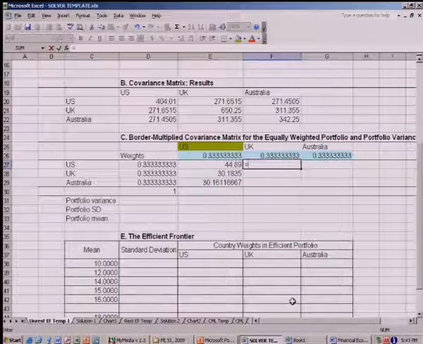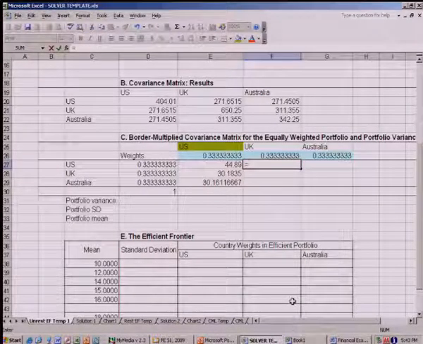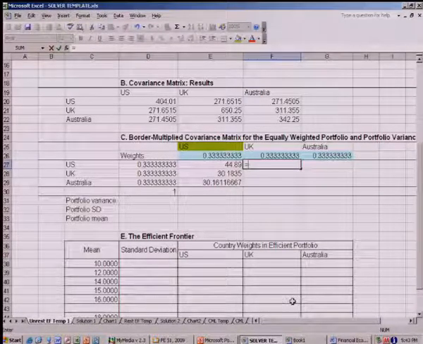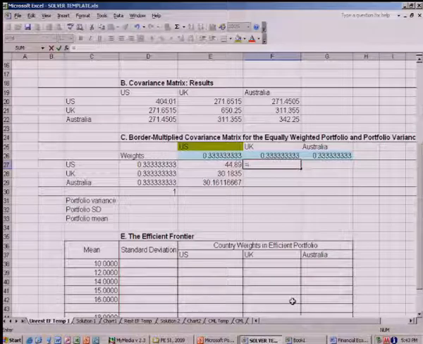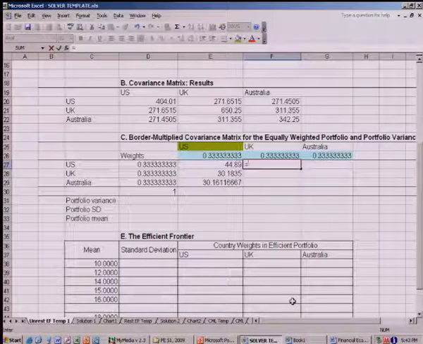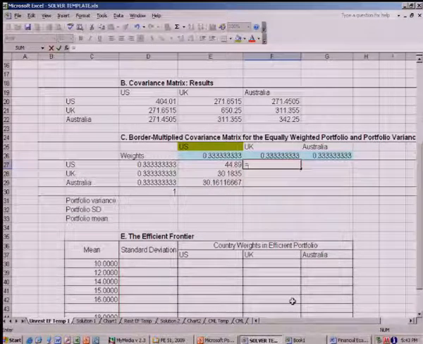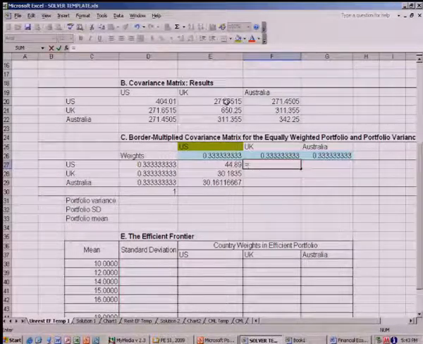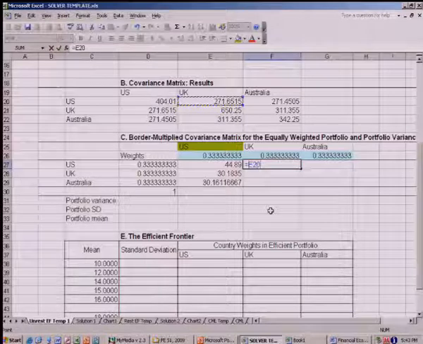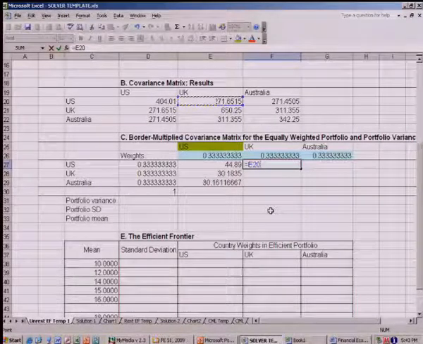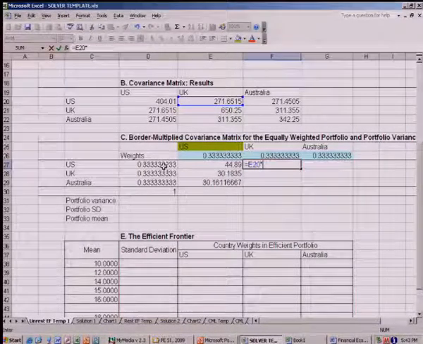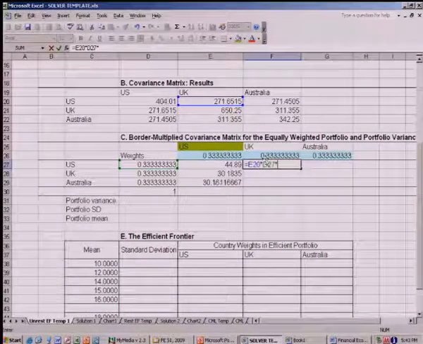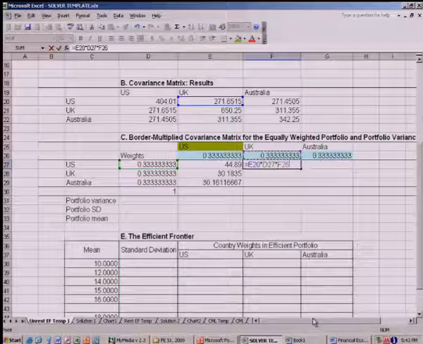So press sign equal. And then for the first one now, you have to find the covariance between the US and UK asset and multiply that by the individual weights. To find the covariance between these two assets, you will consult the covariance matrix from above, and then multiply it by the weight on a US asset from the border column times the weight on a UK asset from the border row.